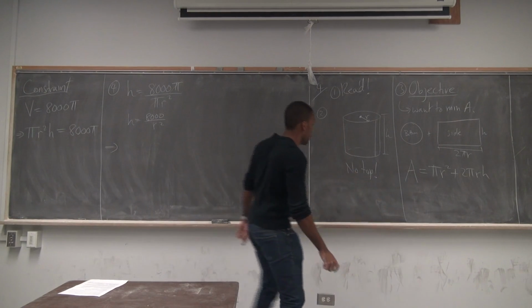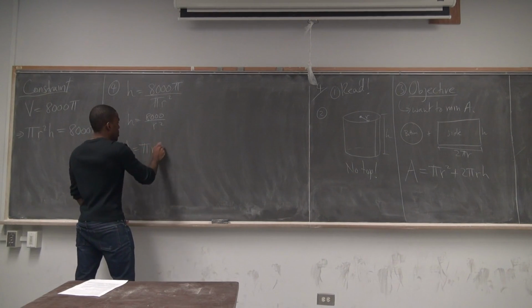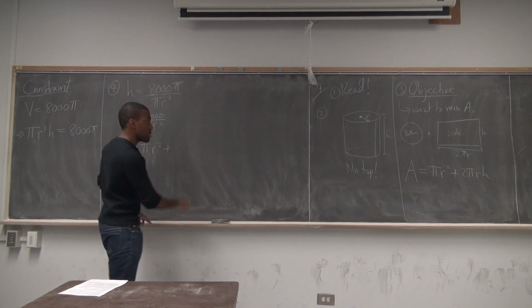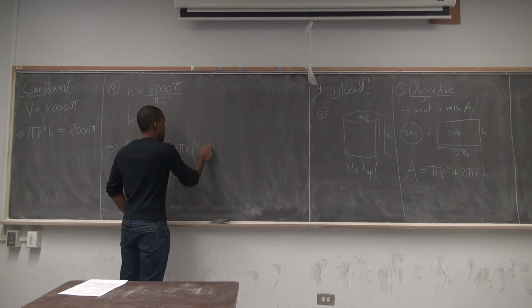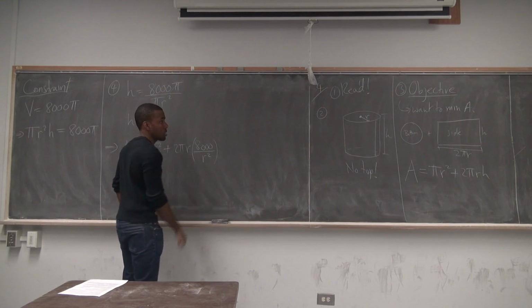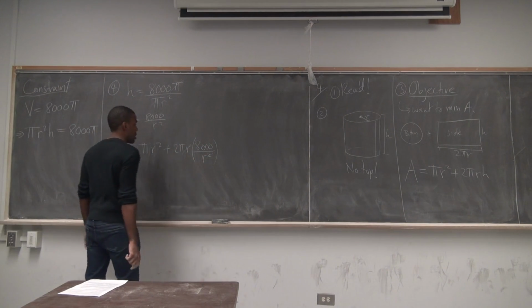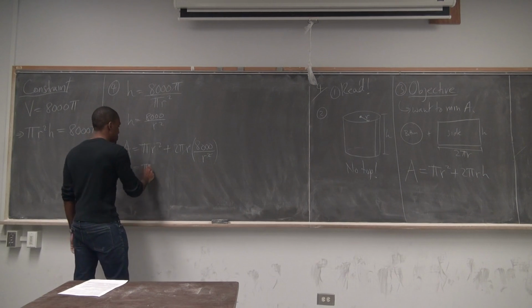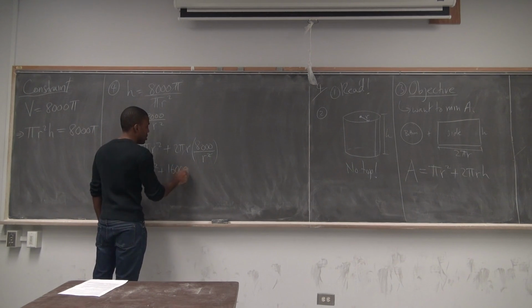Everywhere I see an h, I'm going to write that, so this becomes pi r squared plus 2 pi r times h. This r cancels with that. That's 16,000 pi over r.